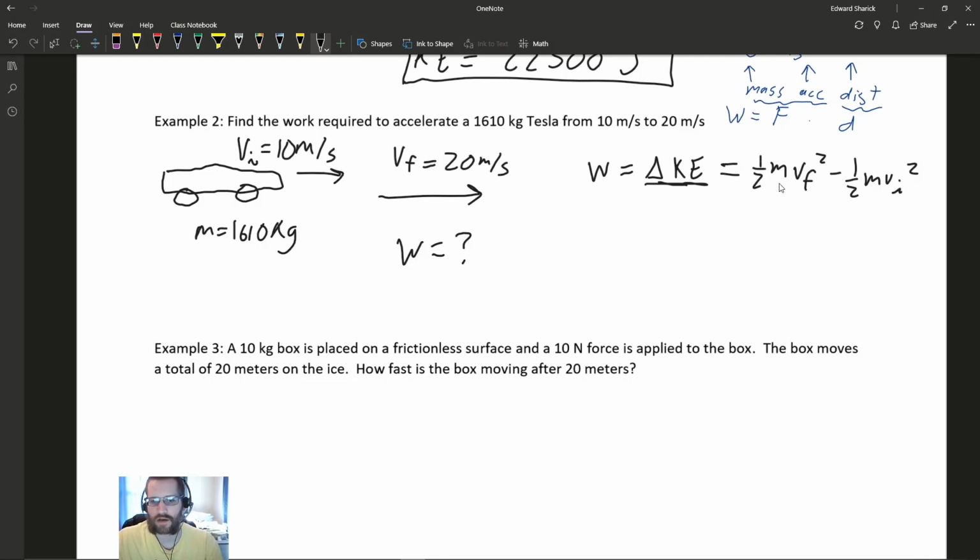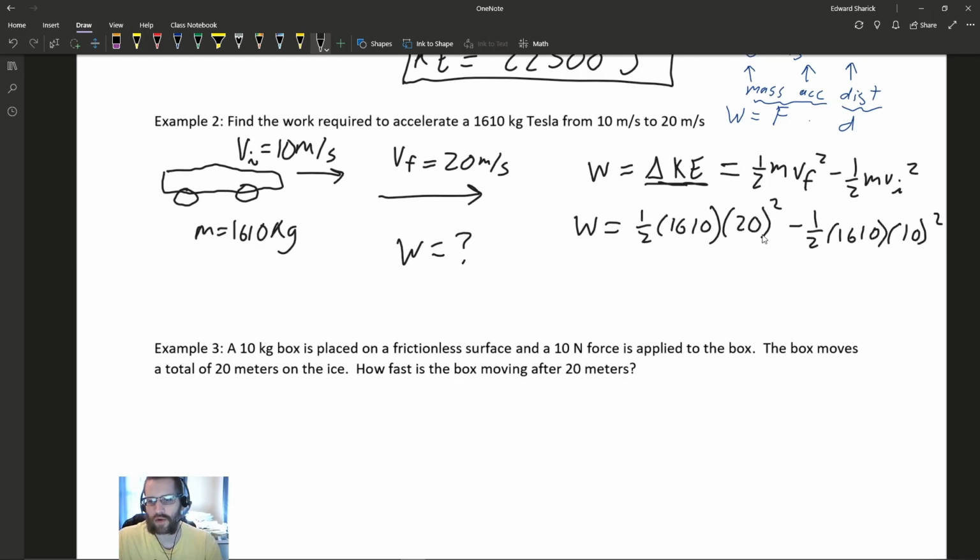So I have mass, I have v final, I have v initial, so I can plug all this in and solve. So we've got 1/2 times 1610 times v final squared, and then minus 1/2 times 1610 times 10 squared.